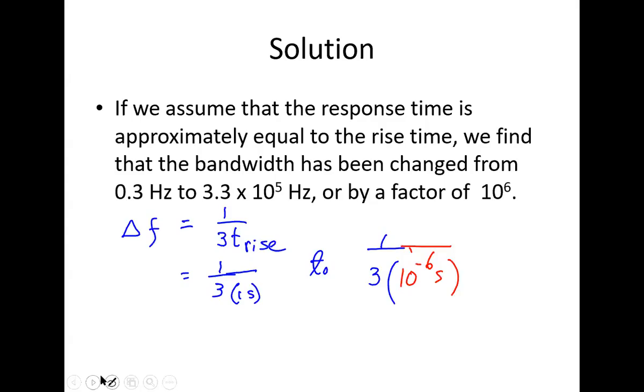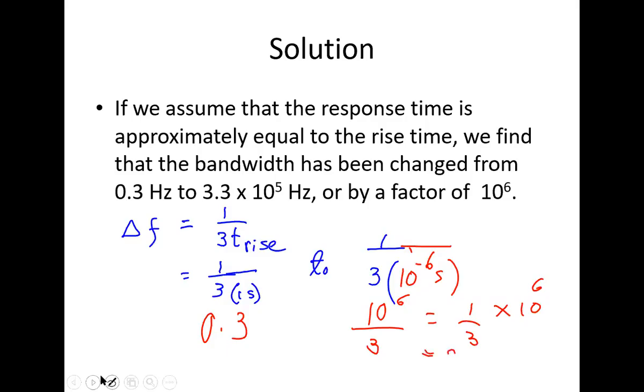So 1 over 3 is 0.333333. And this other one here, 1 over 3 times 10 to the 6th, you notice that is 1 over 3 times a million, correct?